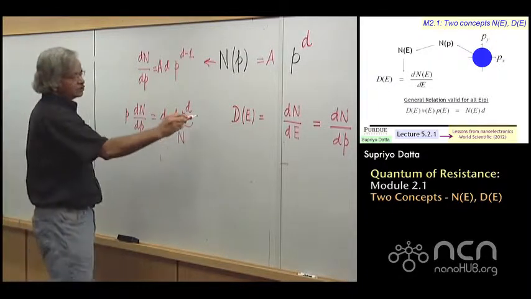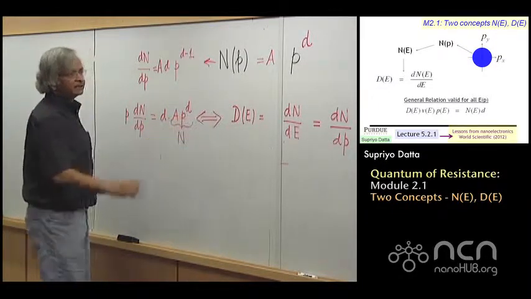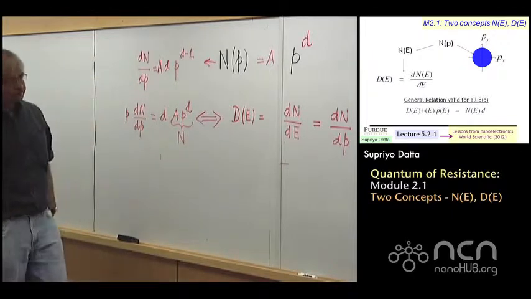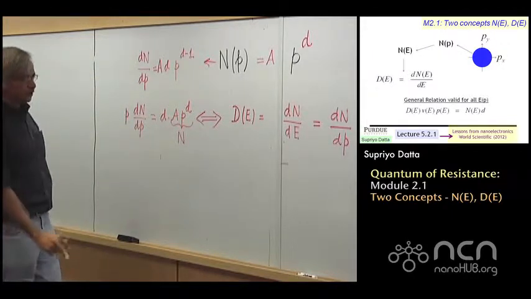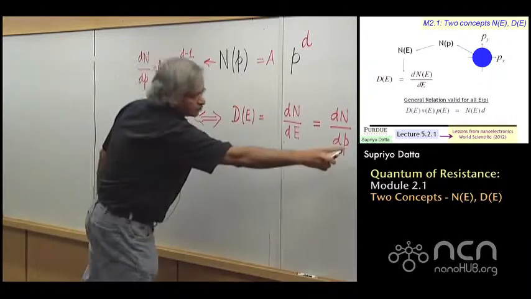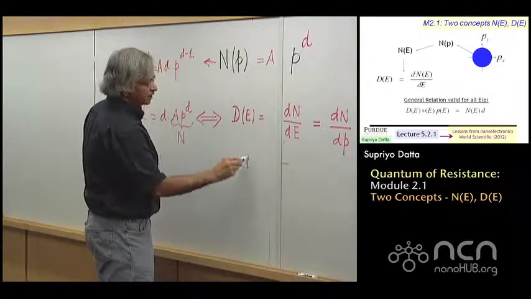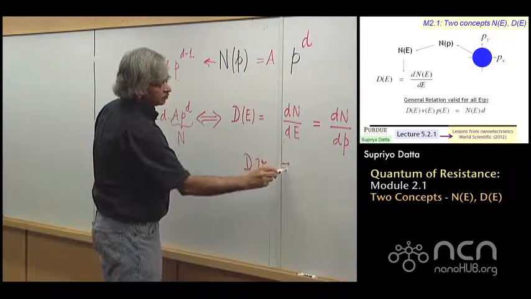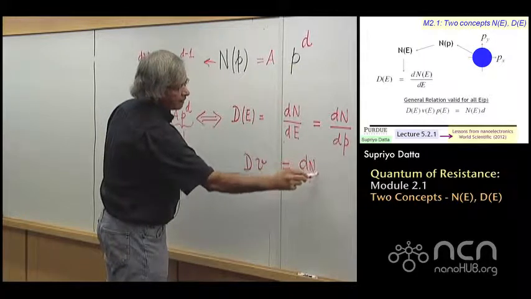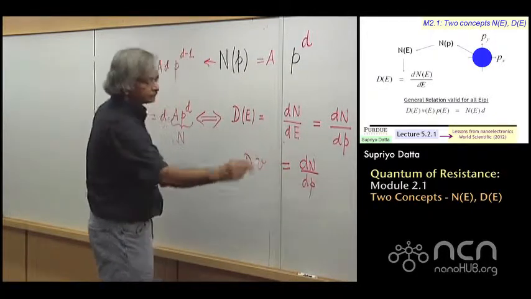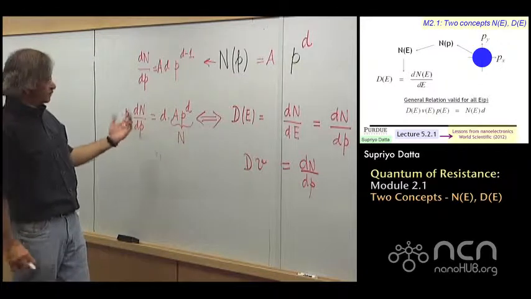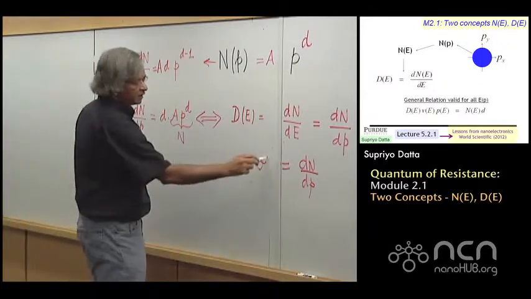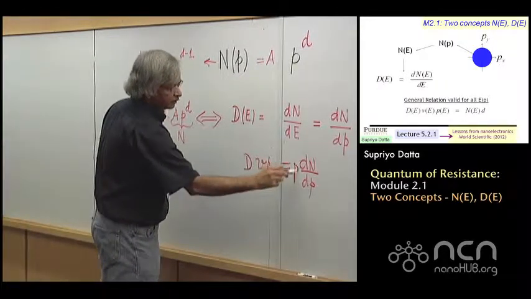Now if I combine these two relations, then you'll get the relation that I stated over there. Let me just go through that quickly. Because this is 1 over V, you can see that D times V is equal to dN/dp. And now, if I just multiply both sides with p, I'll put a p there and a p here.